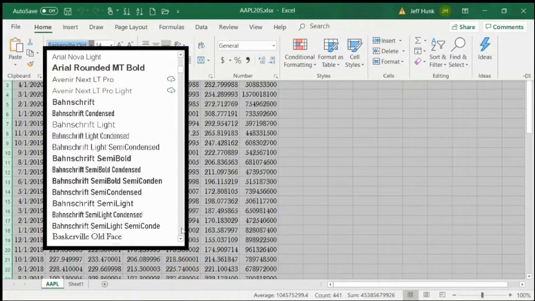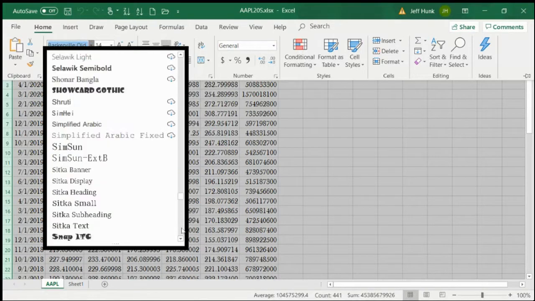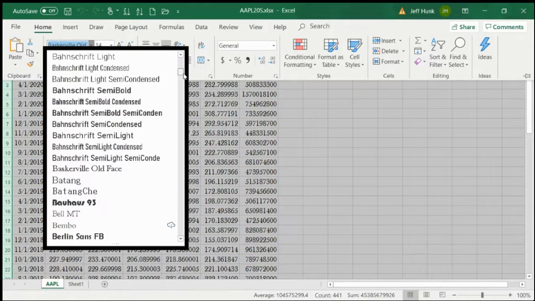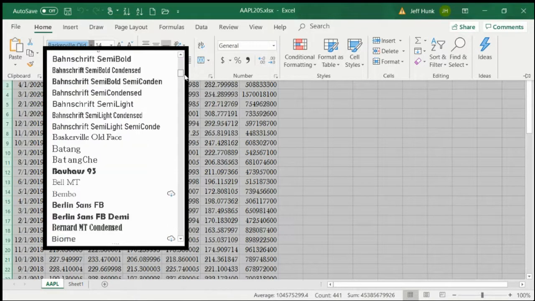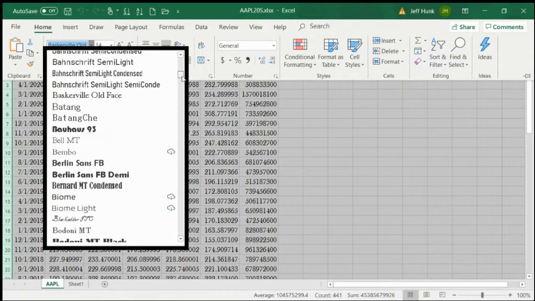Although Times New Roman is preferred, to get down to Times New Roman, you have to scroll down a long list. So instead of going all the way down, somewhere slightly below there is a font family called Baskerville, which looks pretty much like Times New Roman.